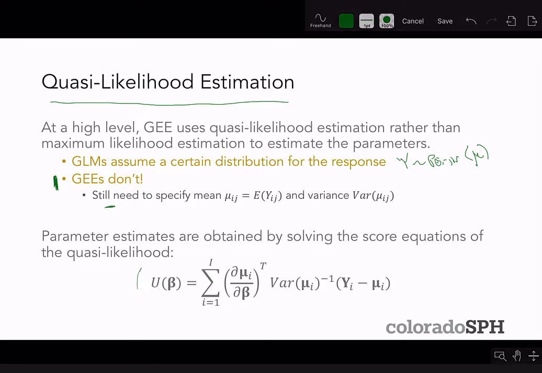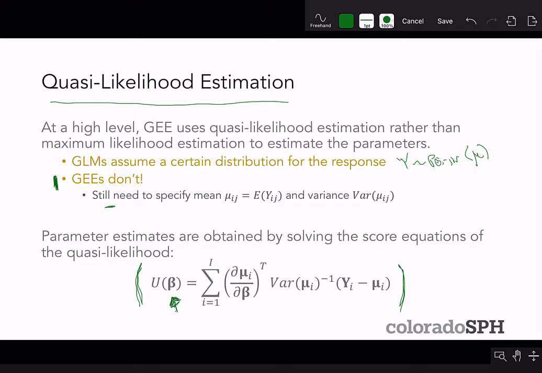And a representation of the score equations is given in this equation here, where you'll have a score equation for each of the betas. This is a bold beta, meaning this is a vector of your beta parameters.